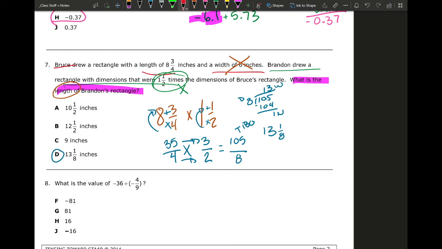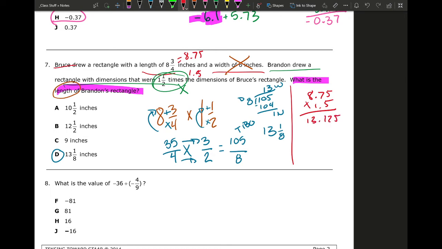Now the other way to do this might be a little more difficult because at the end you might need to convert back into a fraction if you don't know some of the fractions by memory yet. So you can convert this into decimal and multiply 8.75 times 1.5. So when you multiply that, you get 13.125.